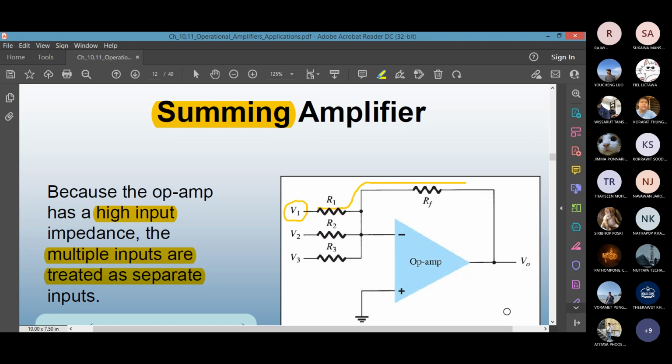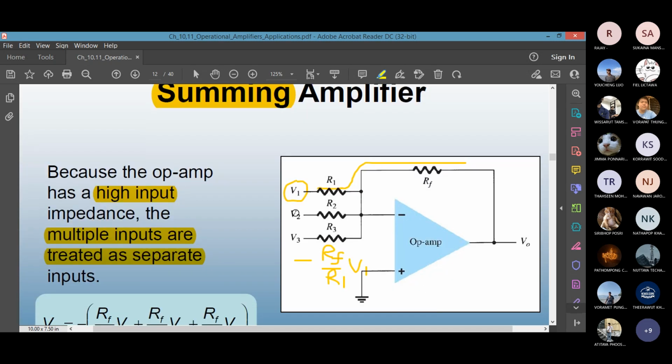What is the output? V out equals minus RF over R1 multiplied by your input, V1.